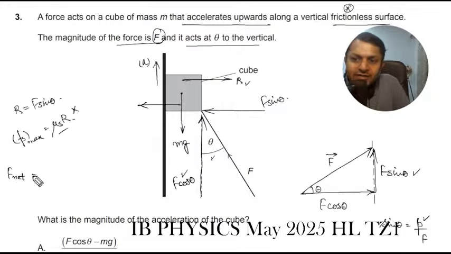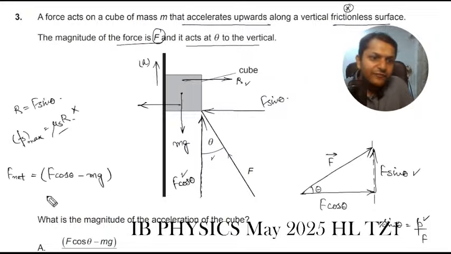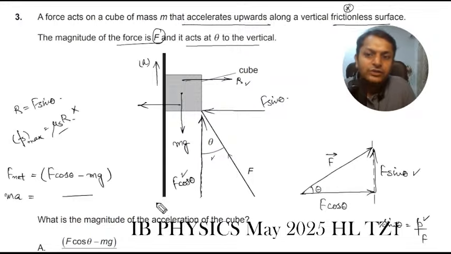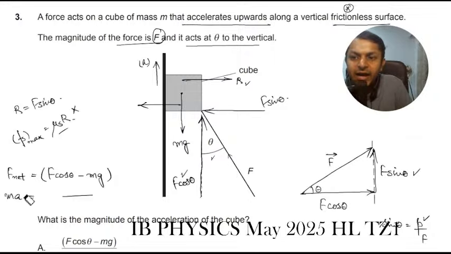So F net will be F cos theta minus mg, and F net is equal to m times a. So acceleration will be F cos theta minus mg, divided by m. I don't have the space to write, so I'm just writing it like this. This will be your answer, which seems to be option A.